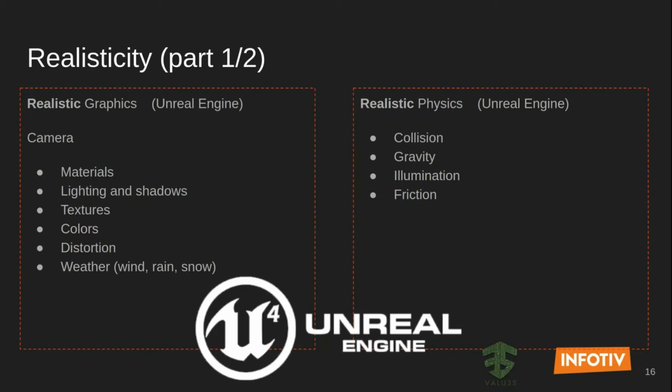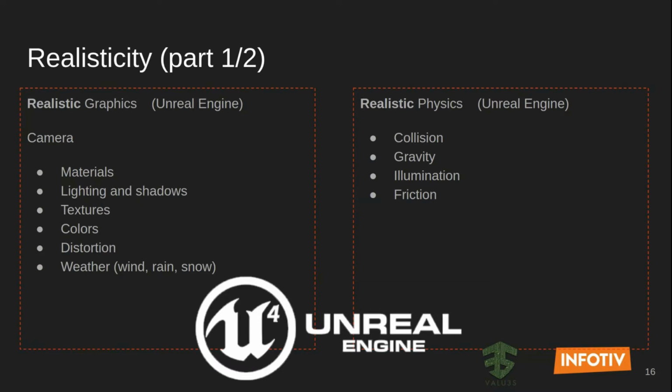CARLA supports realistic graphics and physics by using a very famous game engine called Unreal Engine. If you're into gaming, you definitely have heard about this engine. So the game engine takes care of materials, lighting and shadow, texture, color, distortion, and so on.